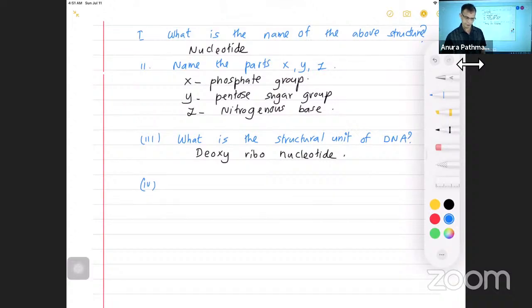Fourth question. Write the significance of nucleic acid. Two significance of nucleic acid.